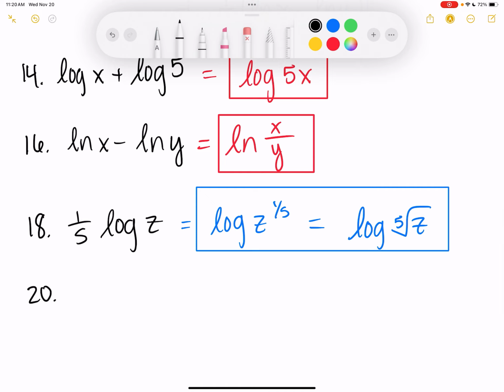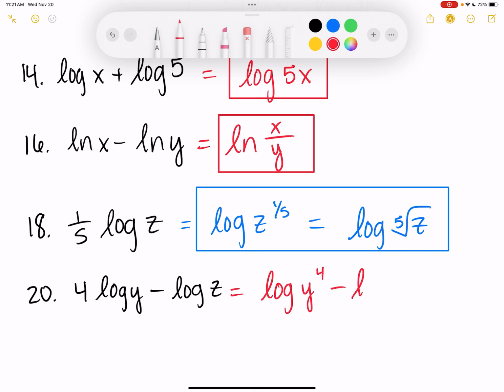All right, 20. 4 log of y minus log of z. So what do I need to do with this one? What's the first thing I should do? Throw the power. Yep, throw the power. So log of y to the 4th minus log of z.